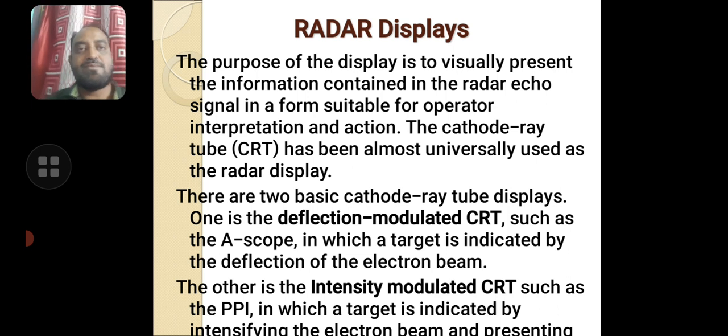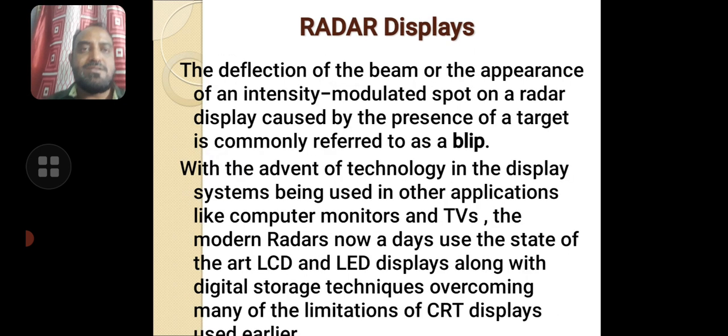That is another type. Now, the deflection of the beam or the appearance of the intensity modulated spot on the radar display caused by the presence of a target is commonly called a blip. The deflection in the beam or intensity modulation is called a blip.